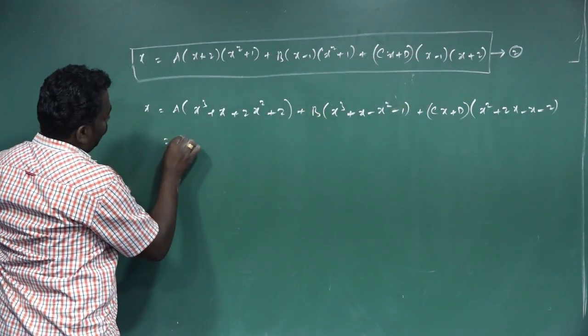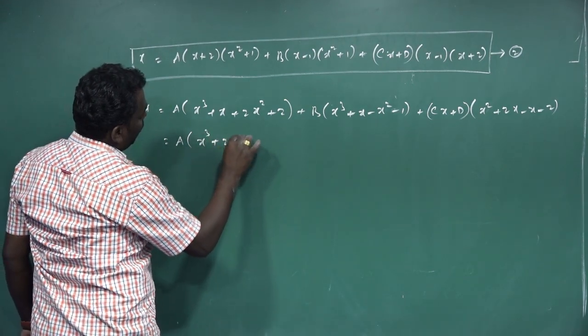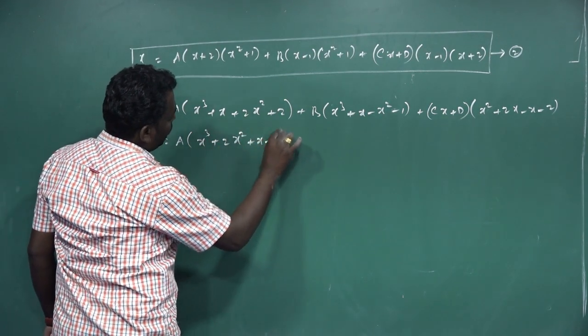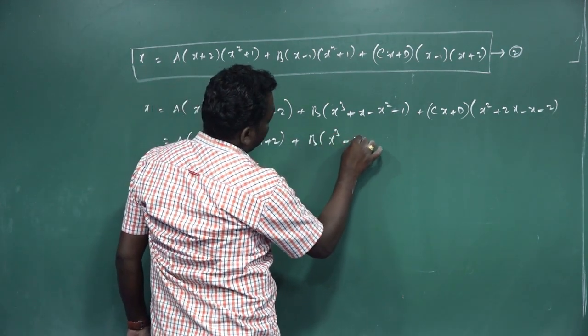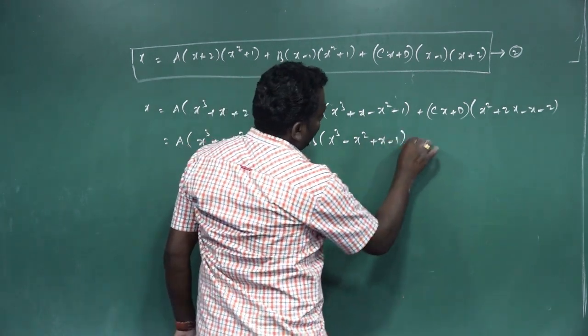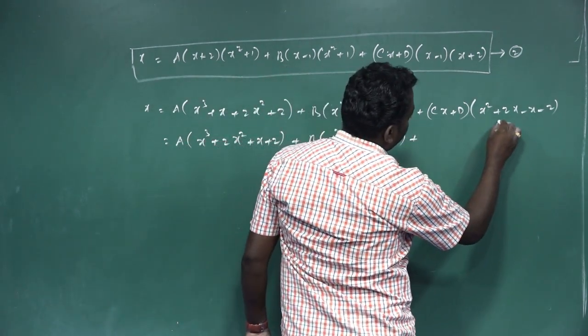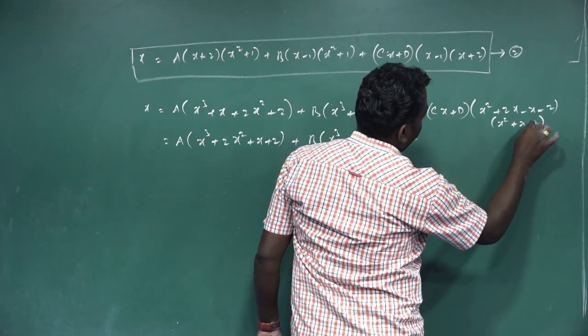And that is equal to a into x power 3 plus 2x square plus x plus 2, plus b into x power 3 minus x square plus x minus 1, plus the term after simplification, x square plus x minus 2.